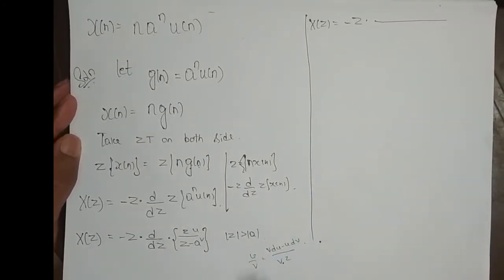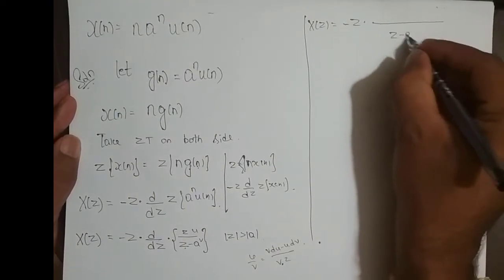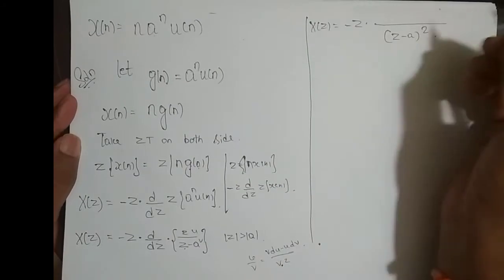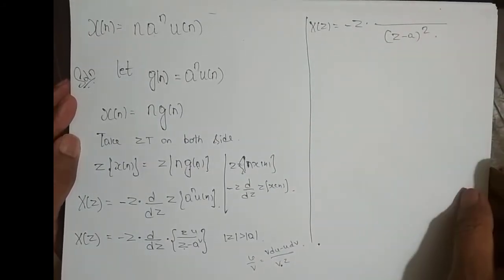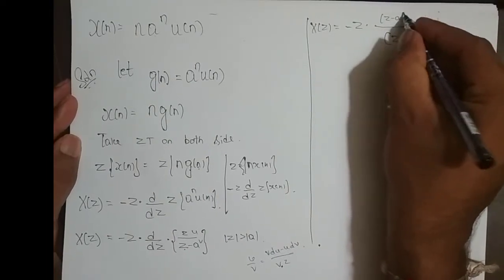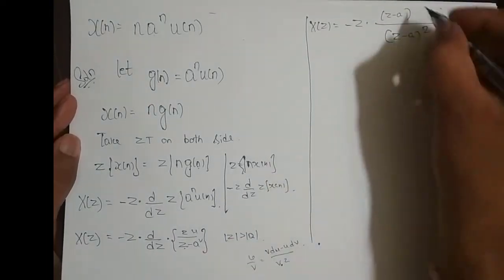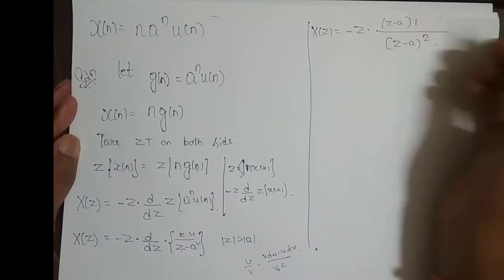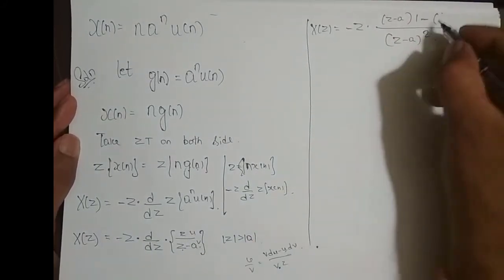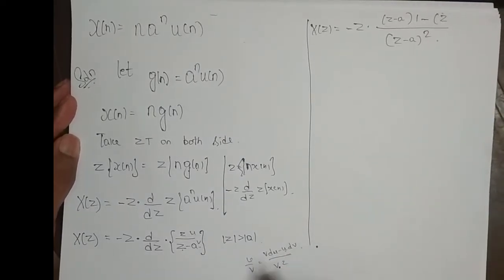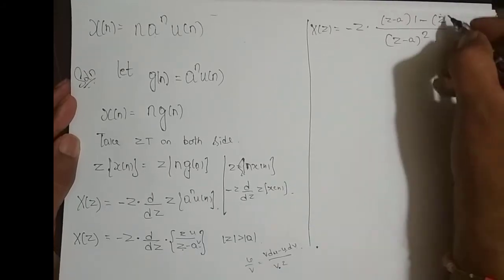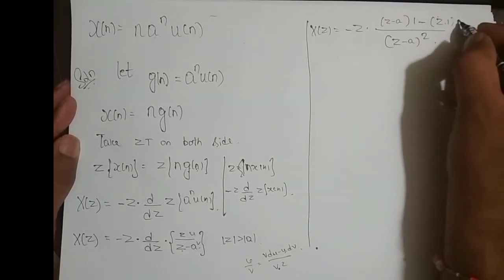So v square, v is z minus a, so z minus a whole square in the denominator, and the numerator is v, which is z minus a, into differentiation of u, differentiation of z is 1, minus u, which is z, into differentiation of v, differentiation of z minus a, which is nothing but 1 minus 0, which is 1, right?